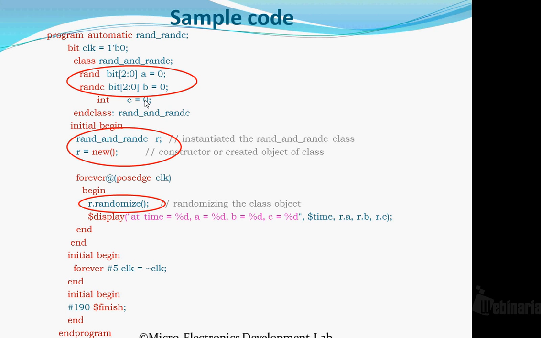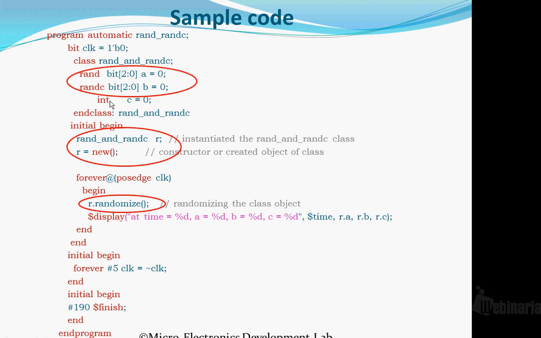Now we have to make some properties of this class random, for which I have qualified property A with the qualifier rand and property B with the qualifier randc.